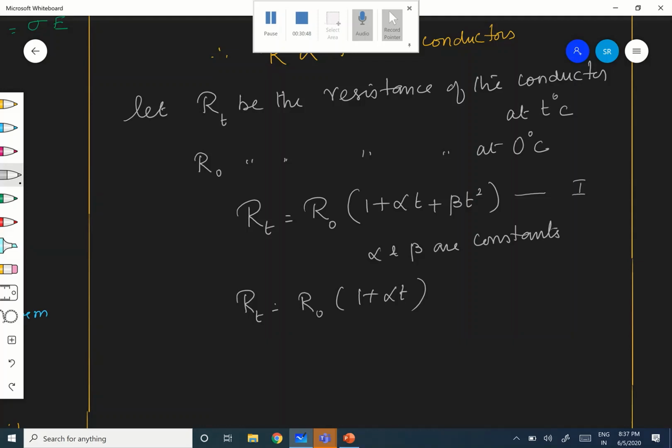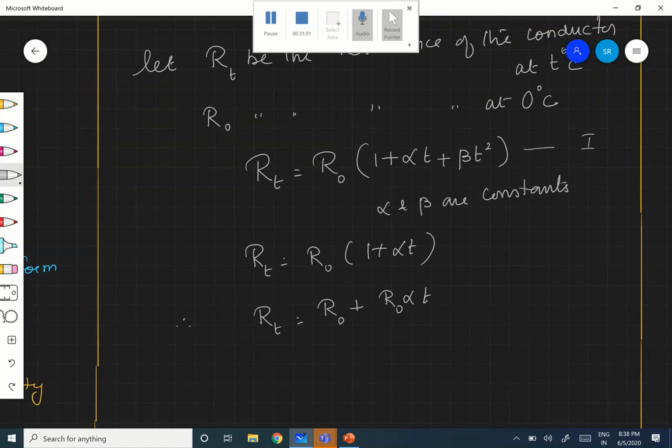Okay. Therefore, you can say R_T is equal to R_0 plus R_0 into alpha T. Very good. Therefore, here alpha is equal to (R_T minus R_0) divided by (R_0 into T).